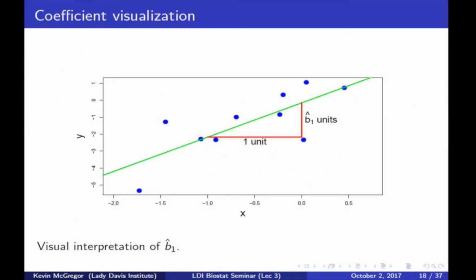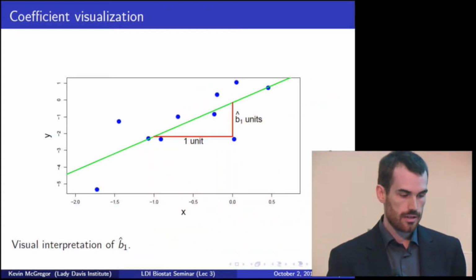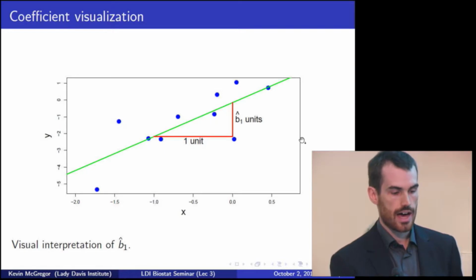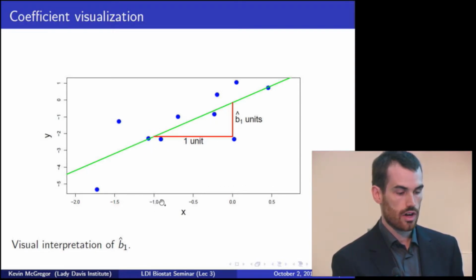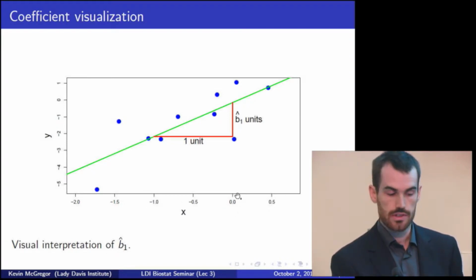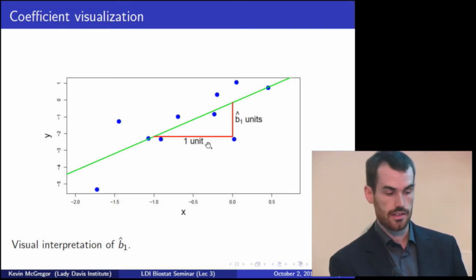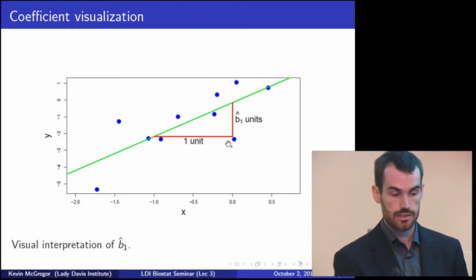So if we look at a diagram of this back on our simulated data, this would mean that you look at your line, and let's say our two individuals are x equals minus 1 and x equals 0. Well, that's a horizontal distance of exactly 1 unit.